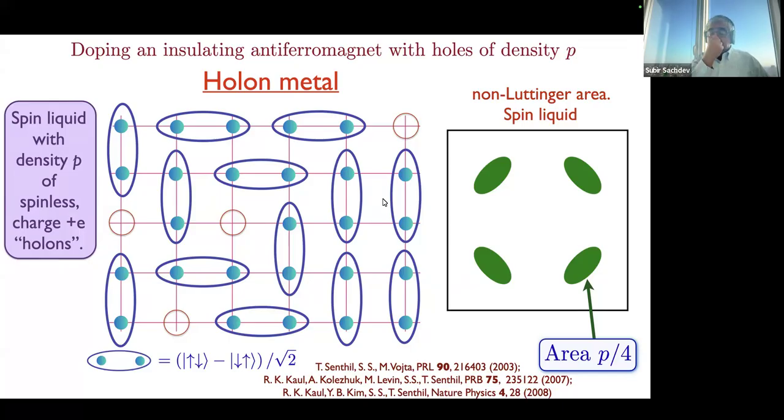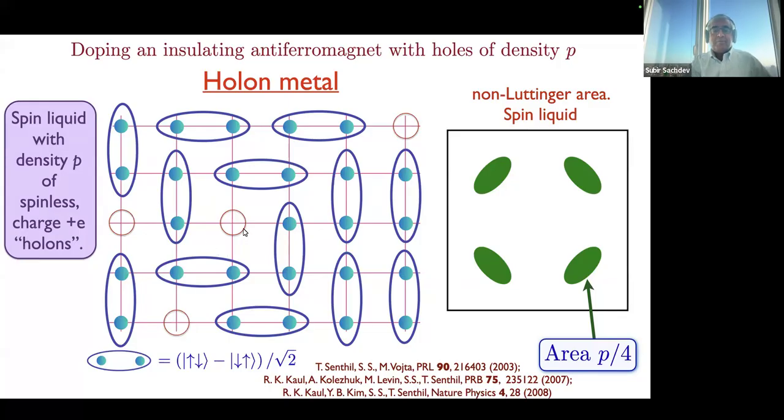The Luttinger relation would say it's 1+p, but now we say it's p because of the spin liquid. So it's a non-Luttinger area. Now, again, in any simple calculations, you find 4 hole pockets. But now each of them is distinct because there's no broken symmetry.